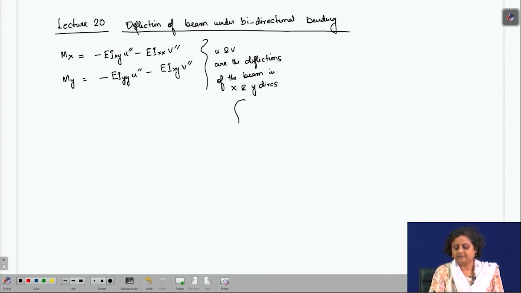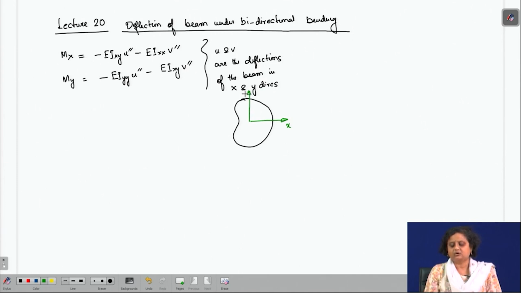If I have an arbitrary beam section, as we have been using, x and y are the cross sectional coordinate axes, then u is the displacement in x direction and v is the displacement in y direction.